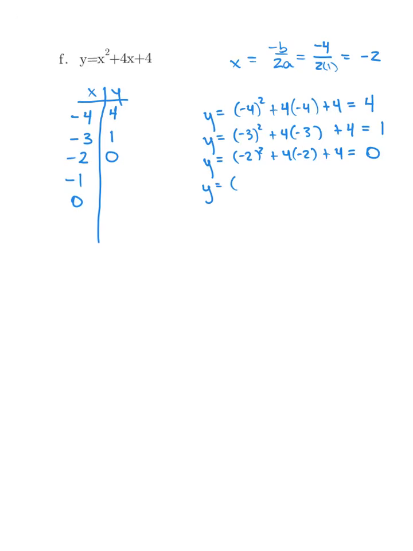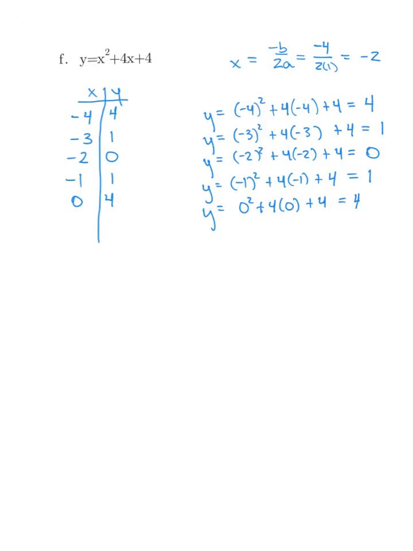Let's plug in -1. -1 squared plus 4 times -1 plus 4 equals 1. And if we plug in 0, 0 squared plus 4 times 0 plus 4 equals 4. So let's go ahead and see what we have here. We do have an x-intercept, we have our y-intercept, we have our vertex, and so we do have all the key points that we need in order to graph this.